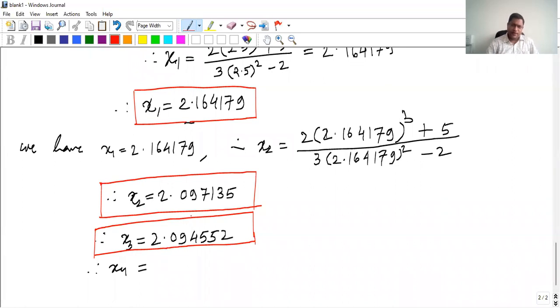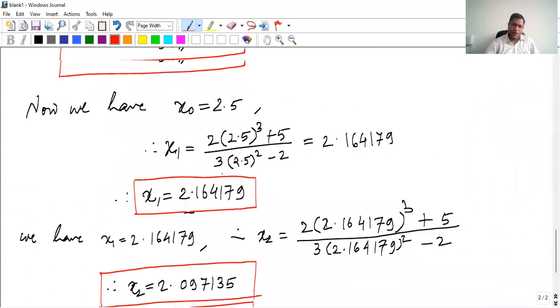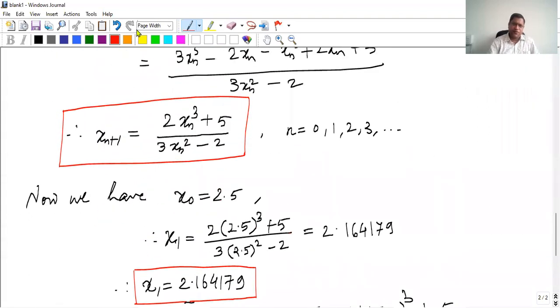We have to put this current value in that expression. Okay, or you can give this as equation 1.